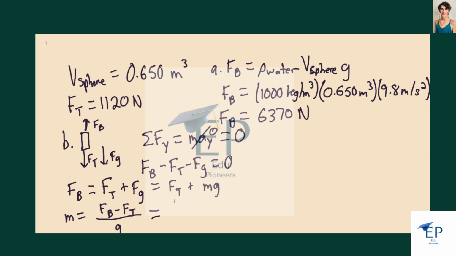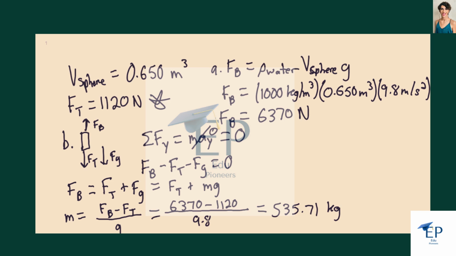Plugging in for our constants, we have 6,370 minus the force tension, which is given right here, that's going to be 1,120 newtons, all divided by 9.8. And we have the mass of the sphere is going to be 535.71 kilograms.